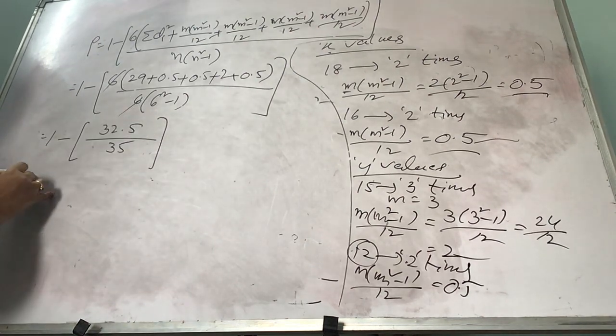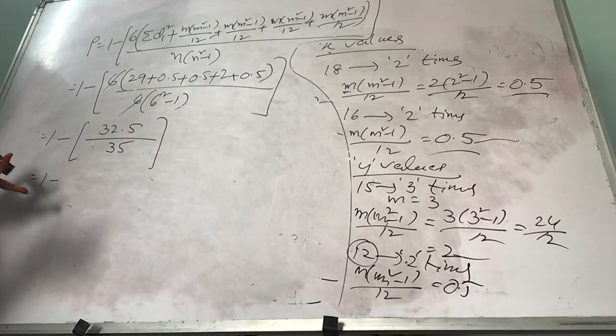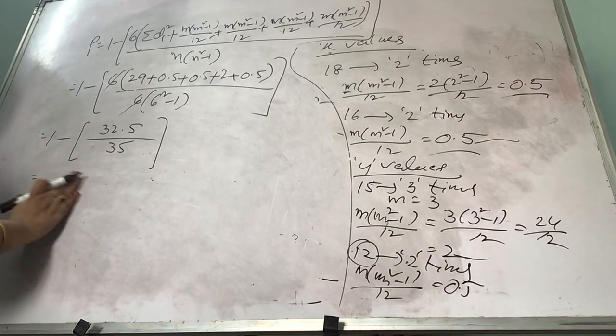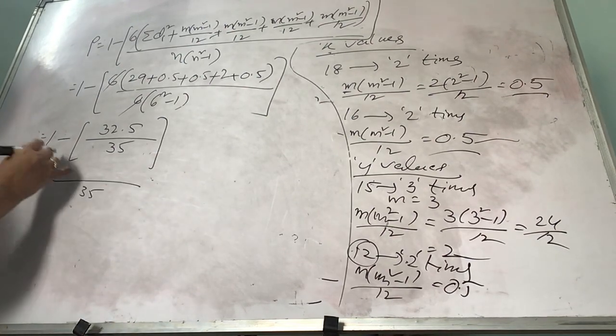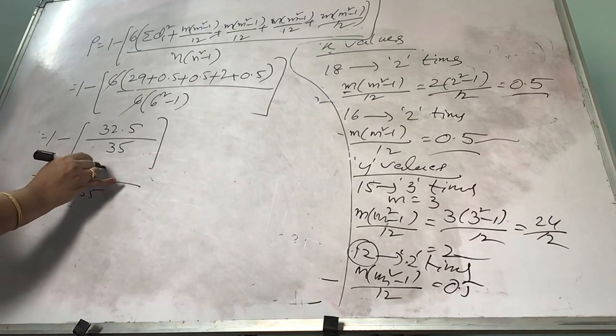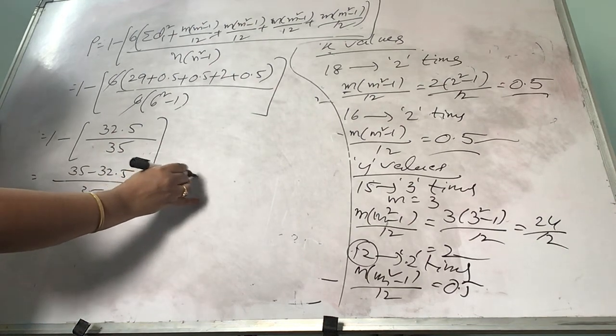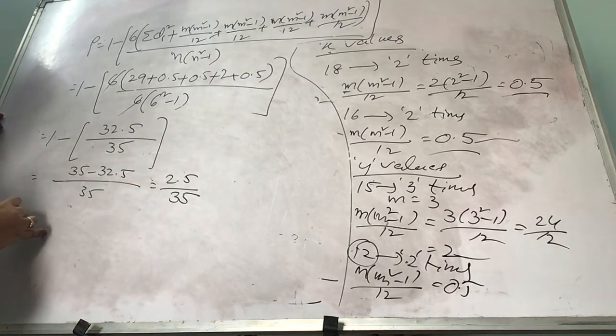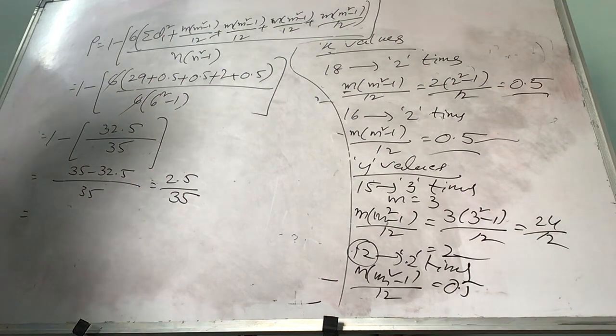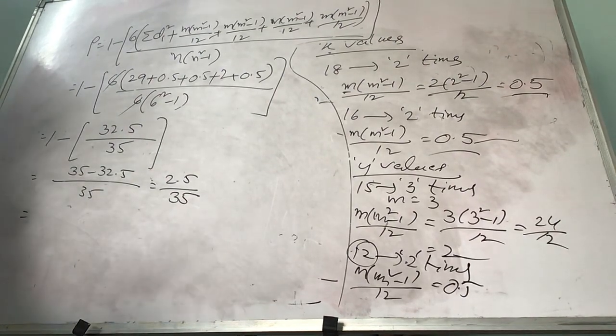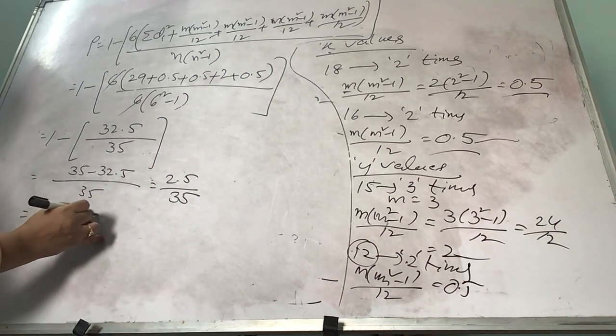First we simplify this value, or take LCM and then simplify, no problem. If we take LCM, that is 35. So 1 into 35, 35 minus 32.5 is 2.5. 2.5 divided by 35, so we get 0.0714.